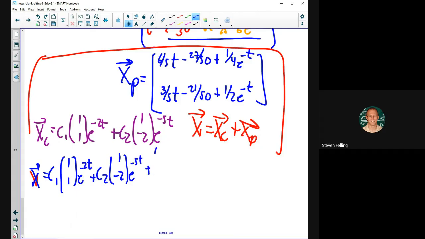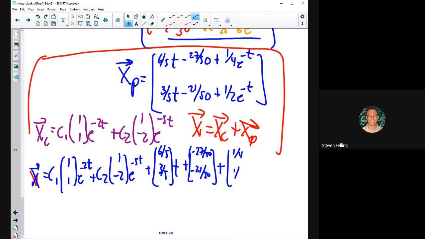Then you'll have 6/5 and 3/5 for the t component. You'll have a constant matrix, which will be negative 27/50 and negative 21/50. And then you'll have 1/4 and a 1/2 times e to the negative t. That's probably the way the answer will be written.